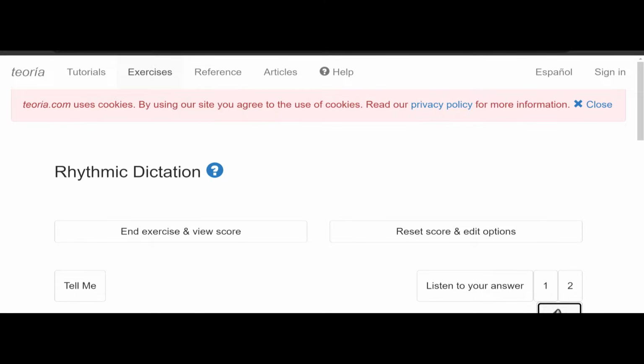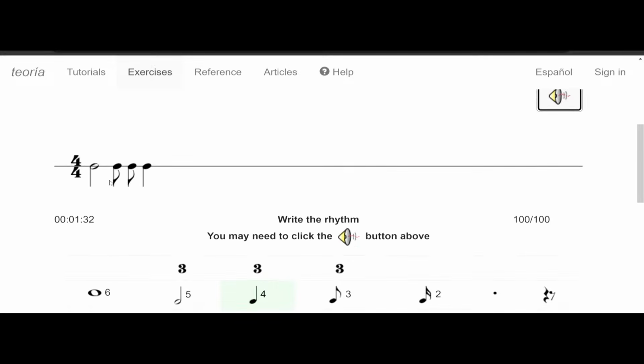Okay, so that's what I got wrong or was misled on the first one. So it was ba, bum, bum, bum, and then it actually repeated. It went bum, bum, bum, bum. 1, 2, 3, and 4. I'm just making sure that the beats add up, and they do.